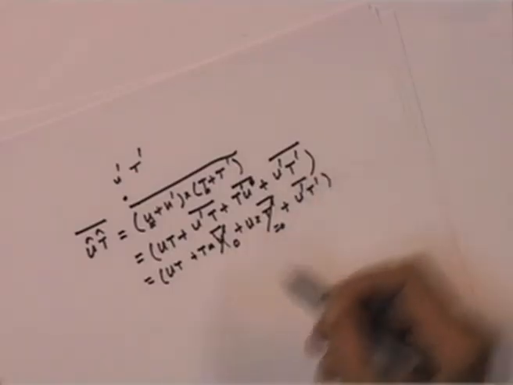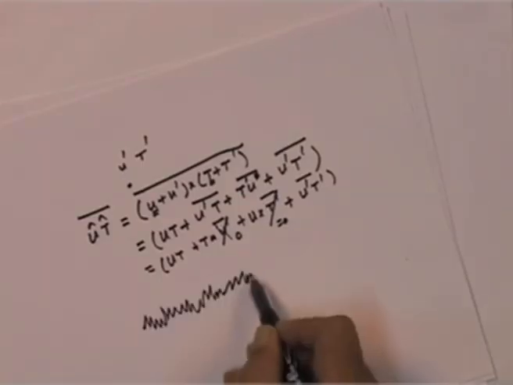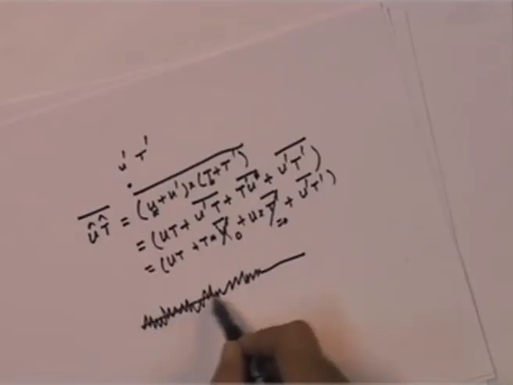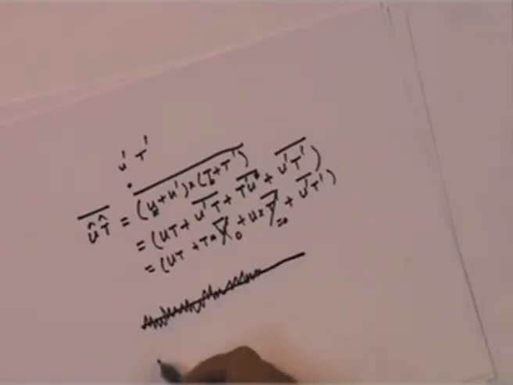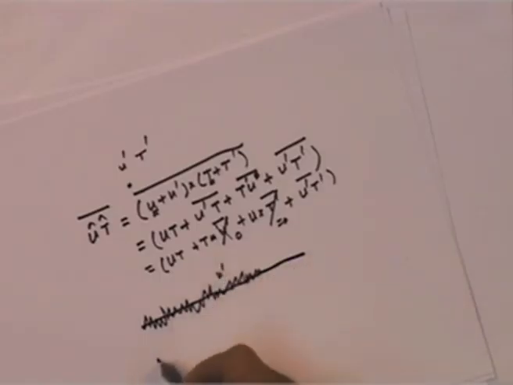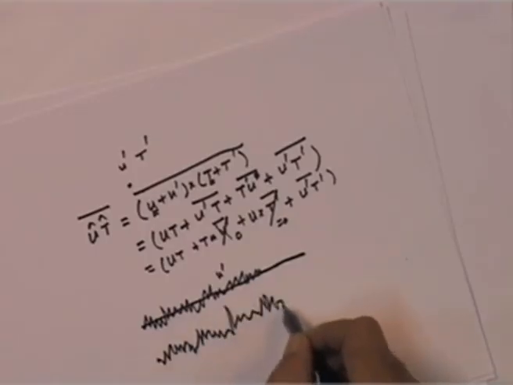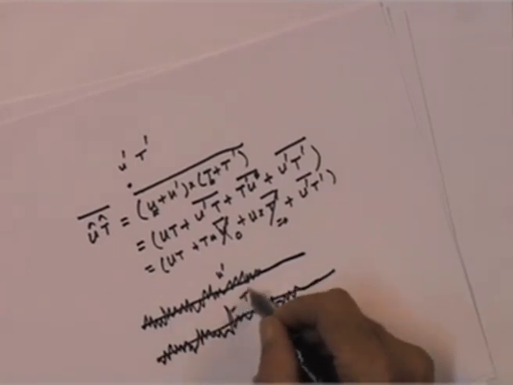Why? For example, let us look at this. At the same point, let us say u varies like this, and this is u dash, plus or minus, and I then plot t dash. So, these are t dashes.